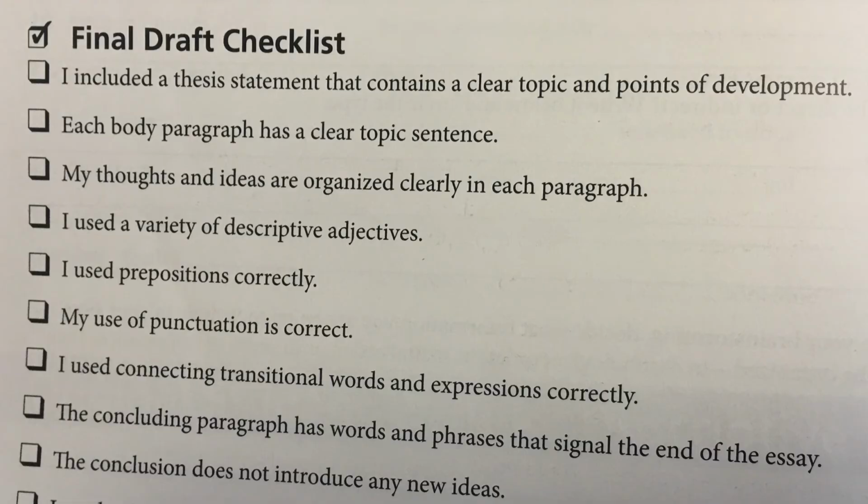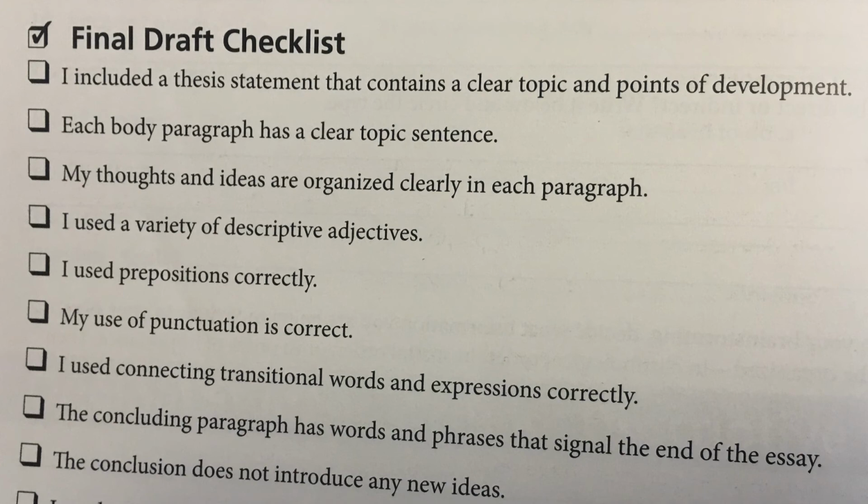When you want to proofread your final draft, if you have this checklist, it can help you improve the quality of your essay. You can use this checklist. I include a thesis statement that contains a clear topic and points of development. Each body paragraph has a clear topic sentence. My thoughts and ideas are organized clearly in each paragraph.